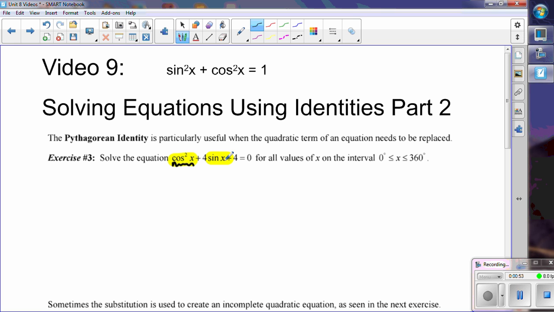The only way to do that is to use the Pythagorean identity. So we're going to use sine squared plus cosine squared equals 1, and we're going to get cosine squared by itself because that's what we want to take out of the problem. So I'm going to subtract the sine squared from both sides.